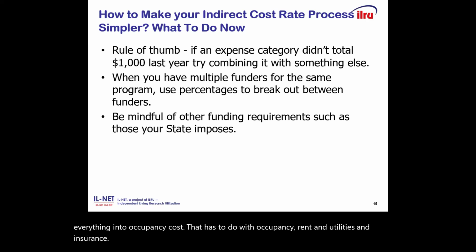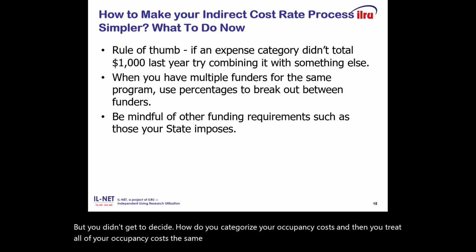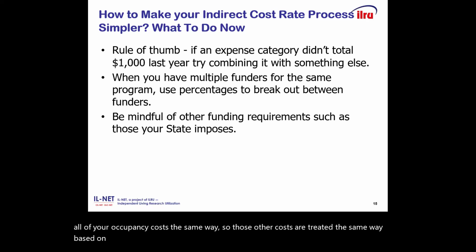But you get to decide how you categorize your occupancy costs, and then you treat all of your occupancy costs the same way. Typically you could not make one direct and one indirect.